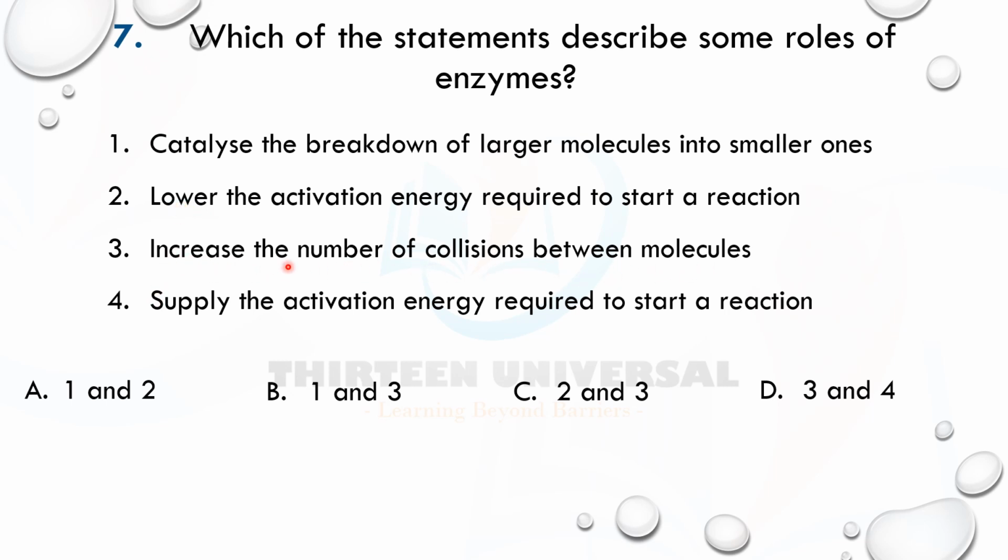Enzymes don't do that. What increases the number of collisions is either temperature or increasing substrate concentration or enzyme concentration. 4 says supplies activation energy. No, they don't supply, they just lower. So it's only 1 and 2.